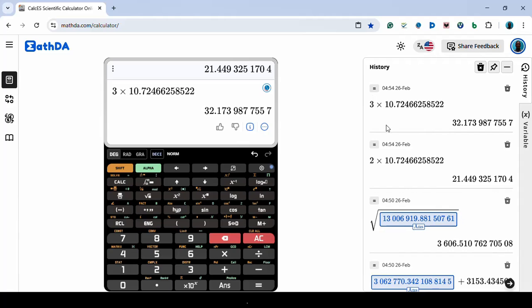For 1, we have 10.724, 6625, 8522. So that is what we're going to be using now.